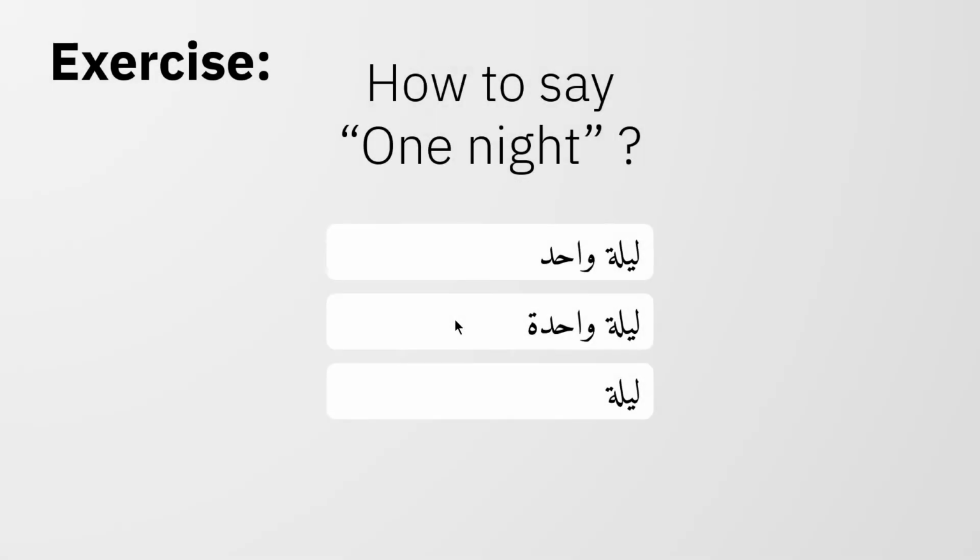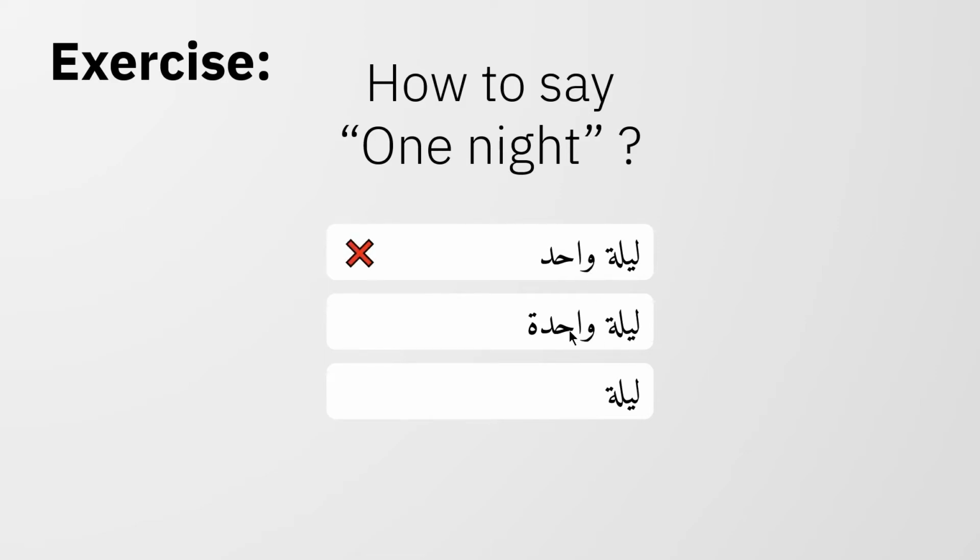Now, how to say one night? ليلة واحد, ليلة واحدة, or ليلة. Pause the video and give it a try. Is it ليلة واحد? No. Although the order is correct, the gender is incorrect. واحد is masculine and ليلة is feminine.